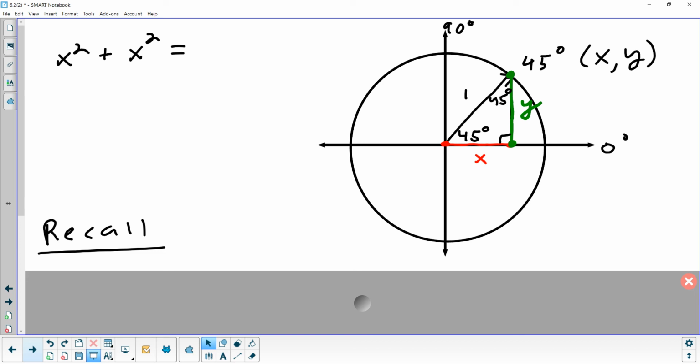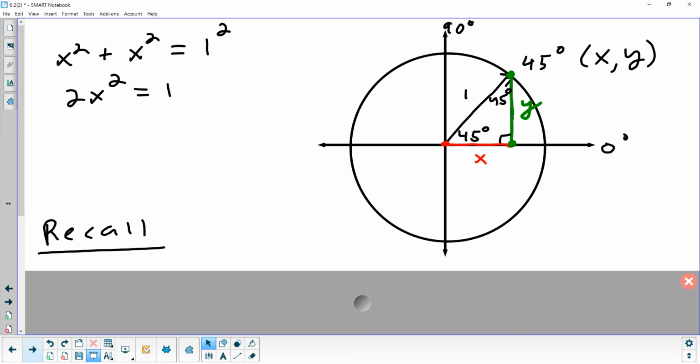Tim? 1 squared. Yeah, which is 1 squared. All right. Sophie, what's x squared plus x squared? 2x squared. Good, 2x squared. Do not change that to x to the 4th. That's multiplying. So that was perfect.